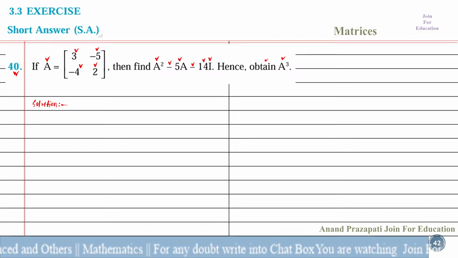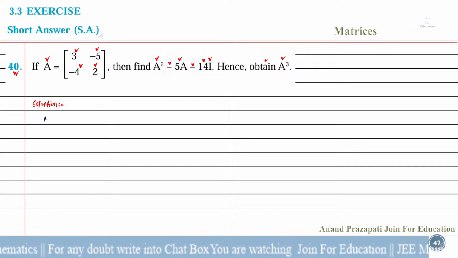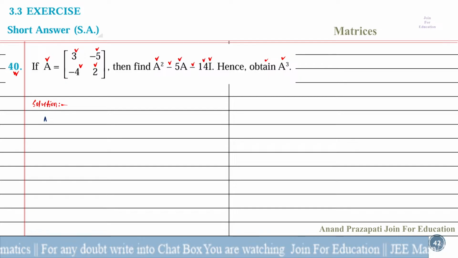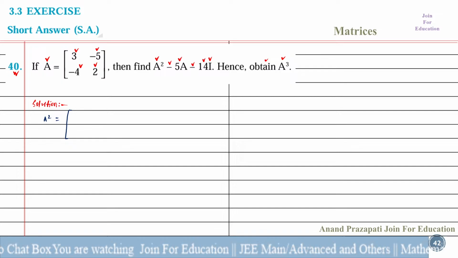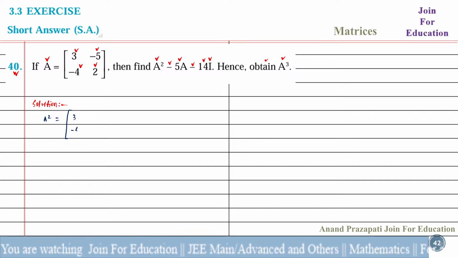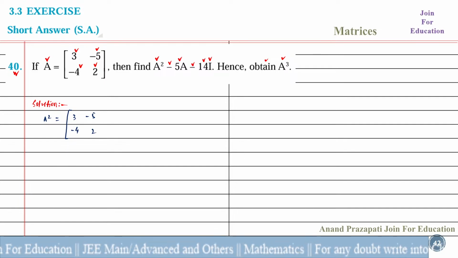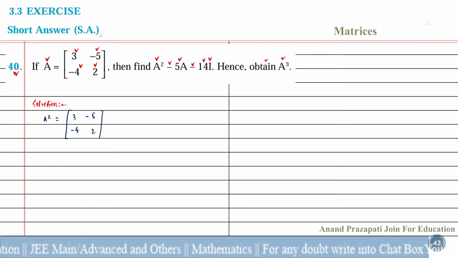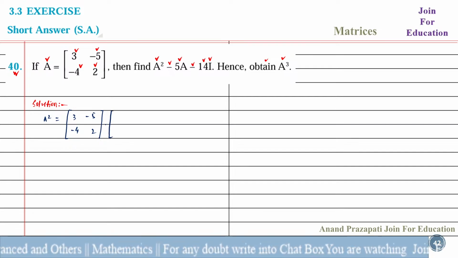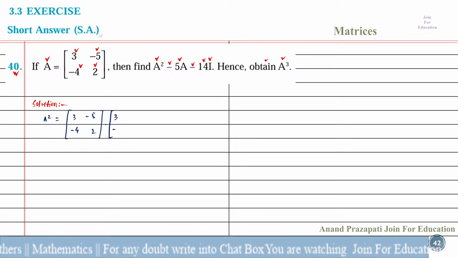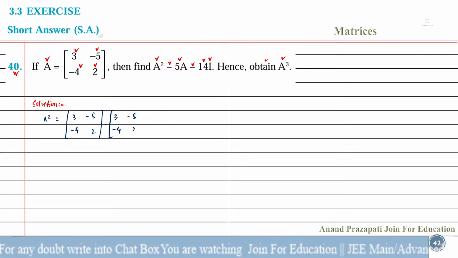So we find out here A square. A square equals A into A, it means 3, minus 4, minus 5 and 2 into 3, minus 4, minus 5 and 2.